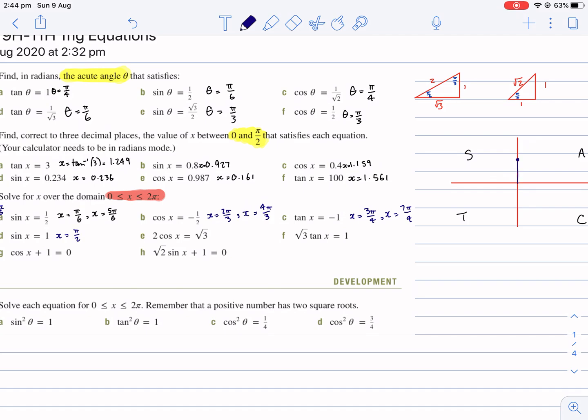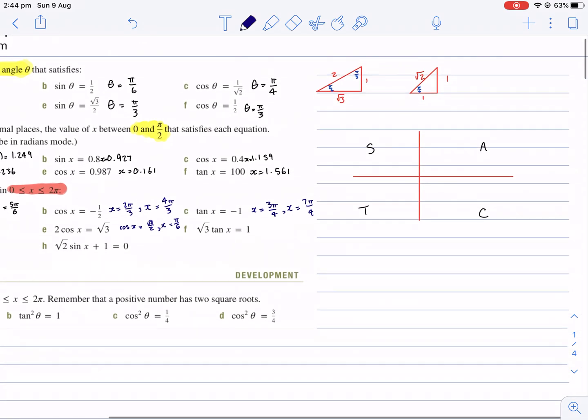Because we must be going straight up. Two cos x equals root 3. This means cos x equals root 3 on 2. So for cos to be root 3 on 2, we're pi on 6.